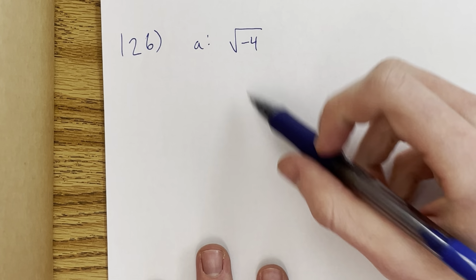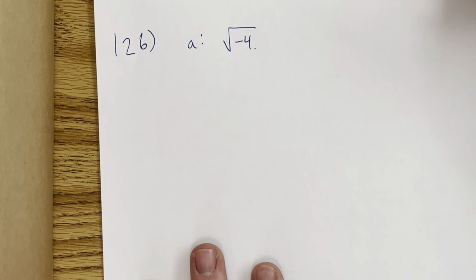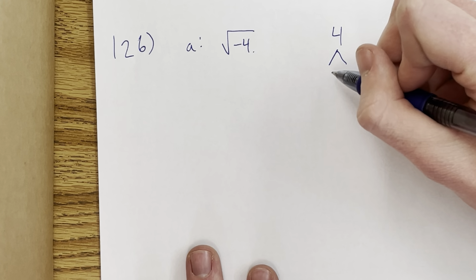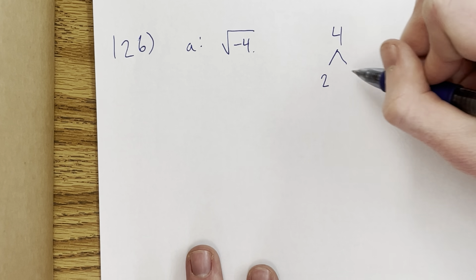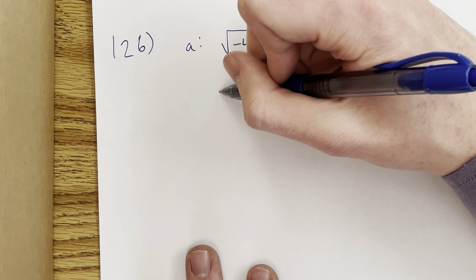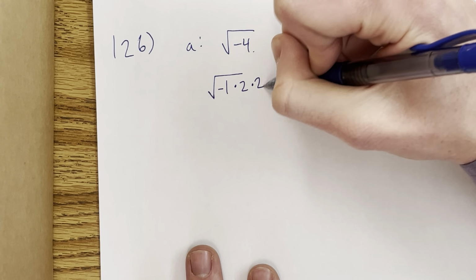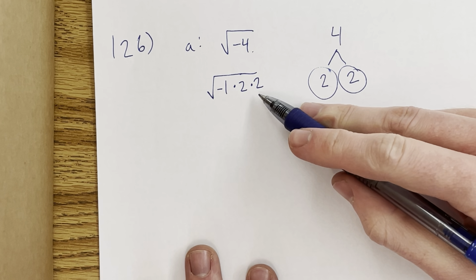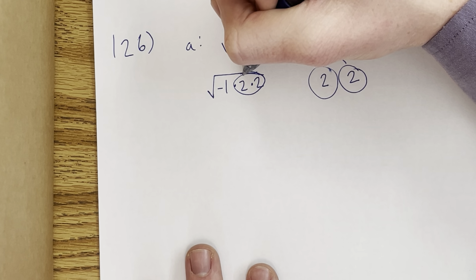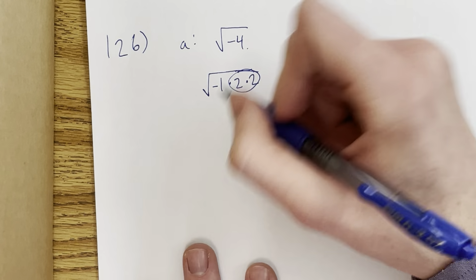So what we need to do is break down this square root. A common way to do this is with a factor tree. So 4 is broken down into 2 and 2. And those are both prime numbers, so I'll take those. It would be negative 1 times 2 times 2. Now, because we have a pair of 2 times 2, the square root of 2 times 2 is 2.